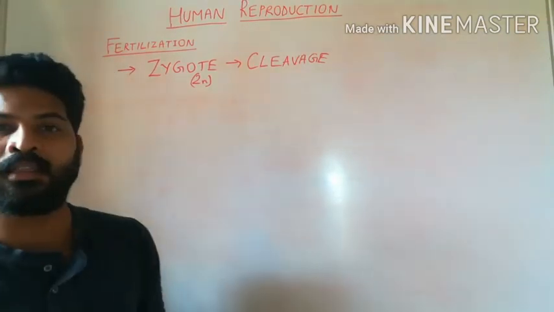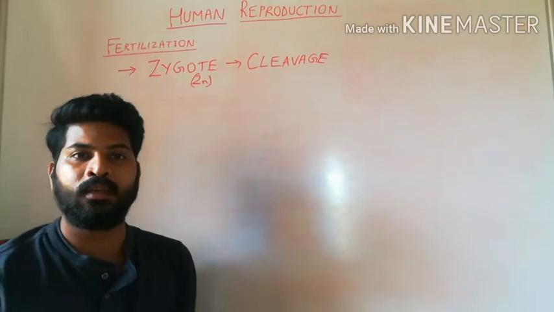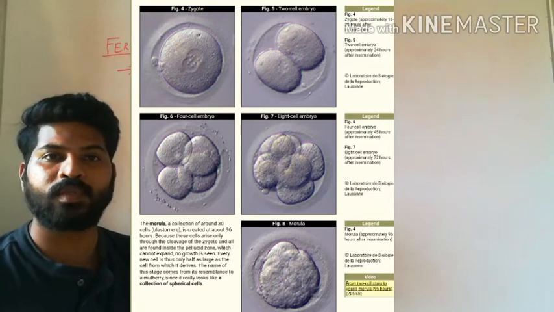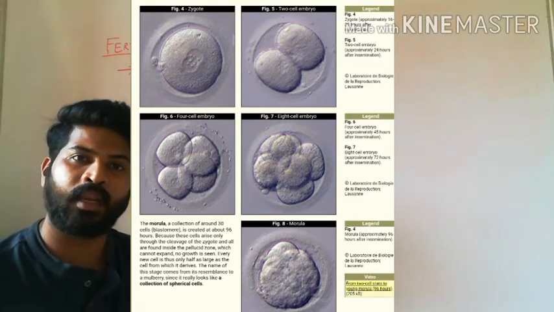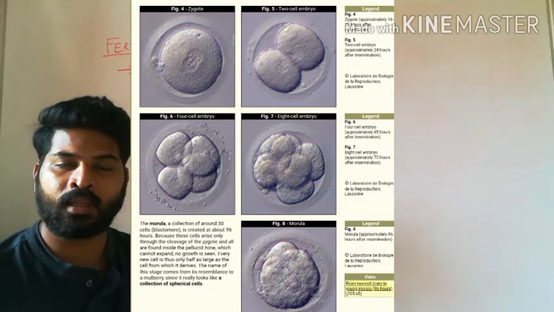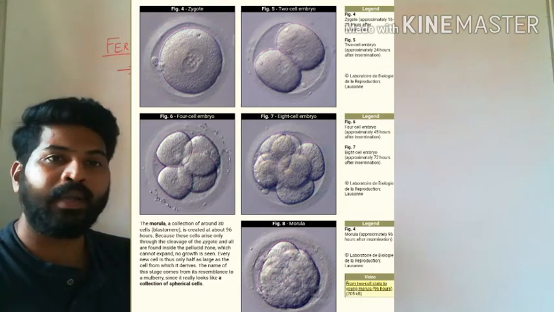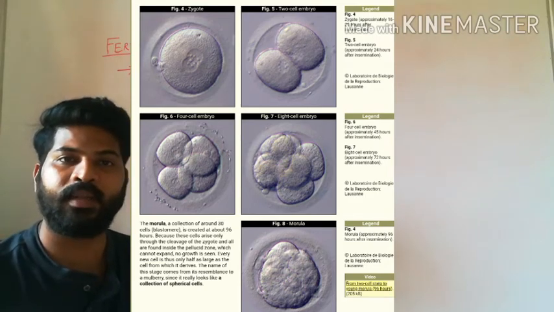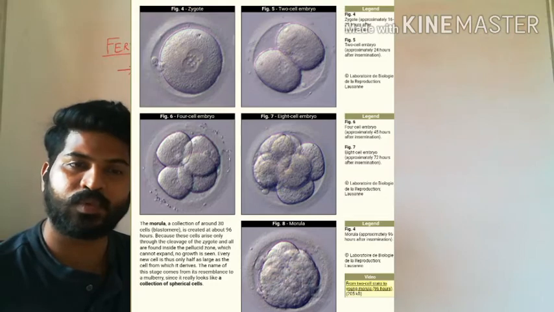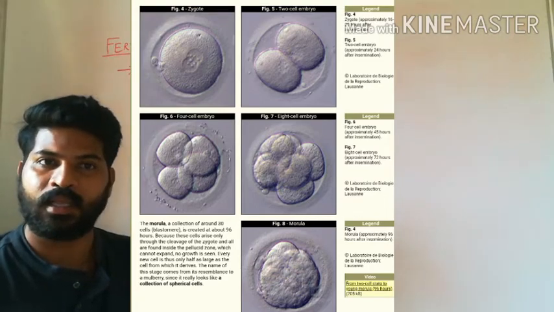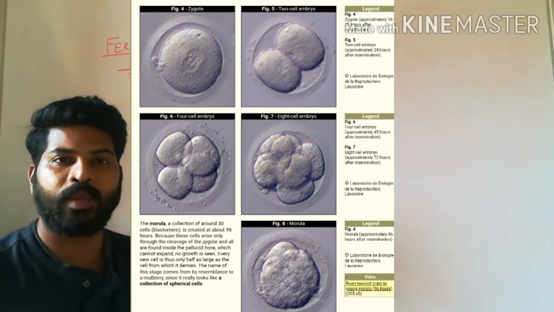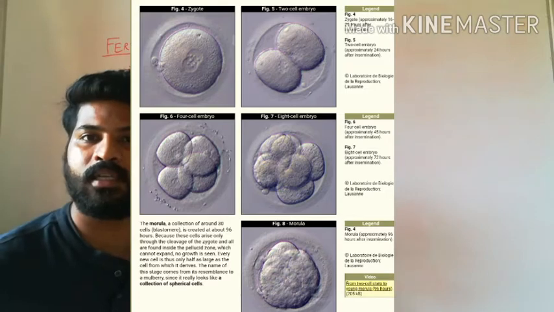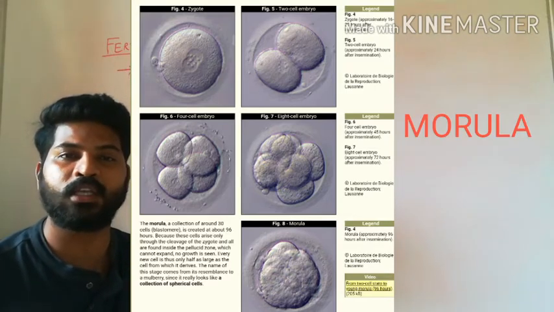As you can see in the diagram, one single zygote undergoes a longitudinal division producing two cells, which then undergo another mitotic division which is perpendicular to the first division, producing 4 cells. 4 cells will divide to produce 8 cells. 8 cells will then divide to produce 16 cells. At this stage, where the zygote is seen as the 8 celled or 16 celled stage, it is called a morula.